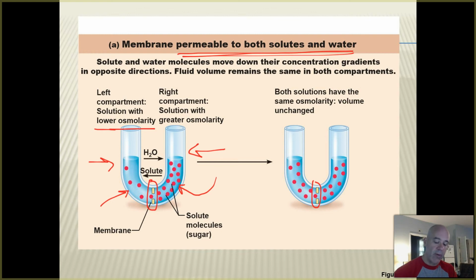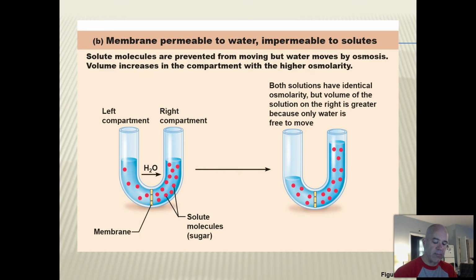All those molecules are in random motion, and over time you're going to have water molecules moving this way, water molecules diffusing that way, solutes diffusing that way, and solutes diffusing that way. So over time, everything's going to even out due to the random motion of diffusion.